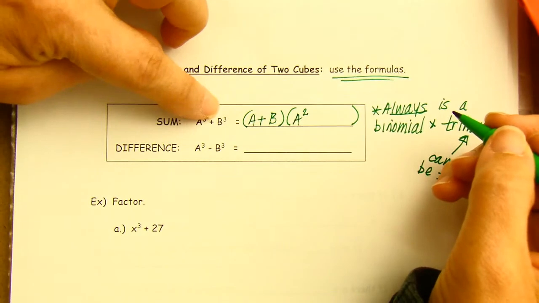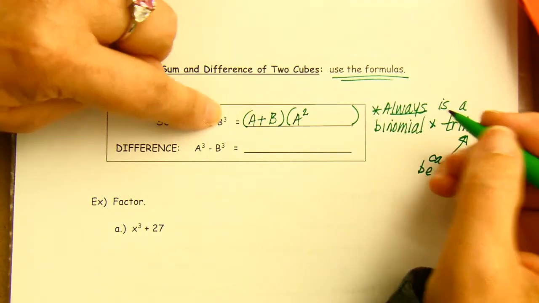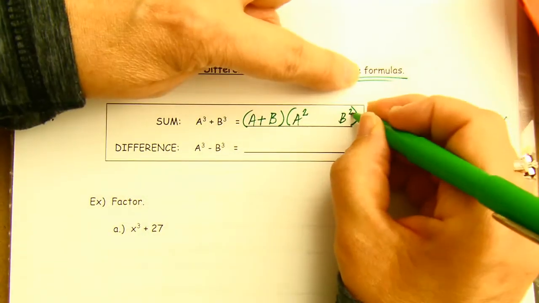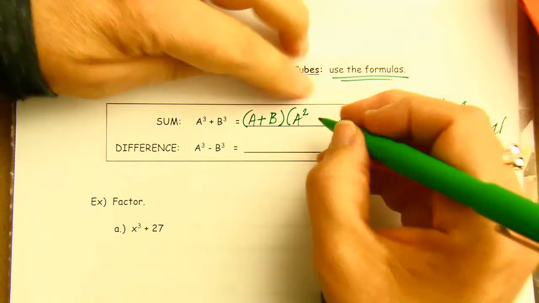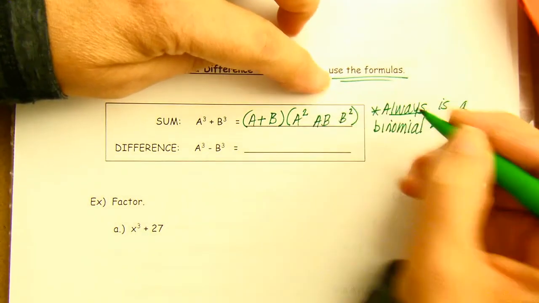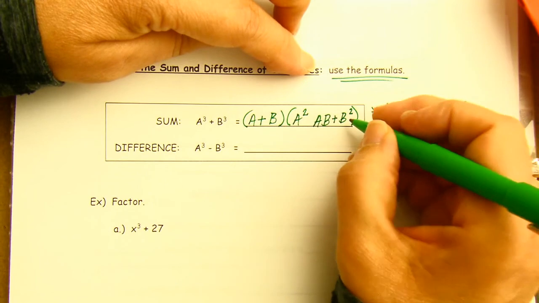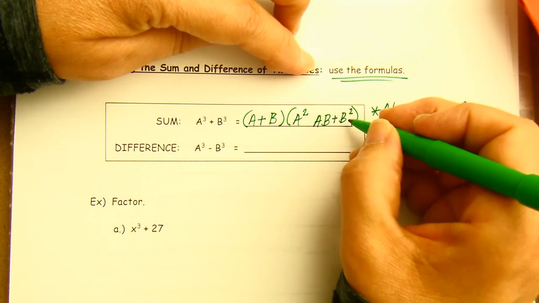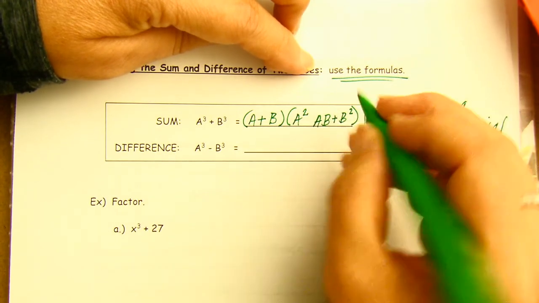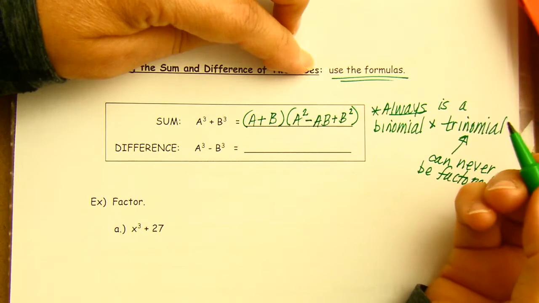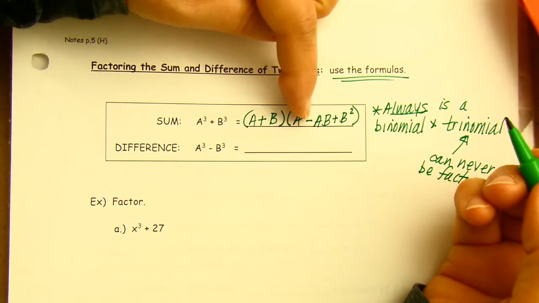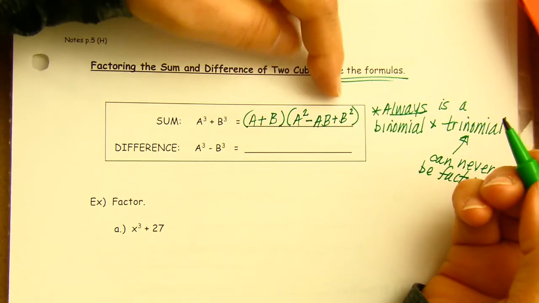And what do I multiply with B to get B cubed? It has to be B squared. The middle is always just A times B. We're not doubling anything. This end is always plus, because whether B is positive or negative, when I square it, it goes positive anyway. Here's where your opposite sign comes into play. If this is plus, then that's minus. This is always plus on the end.